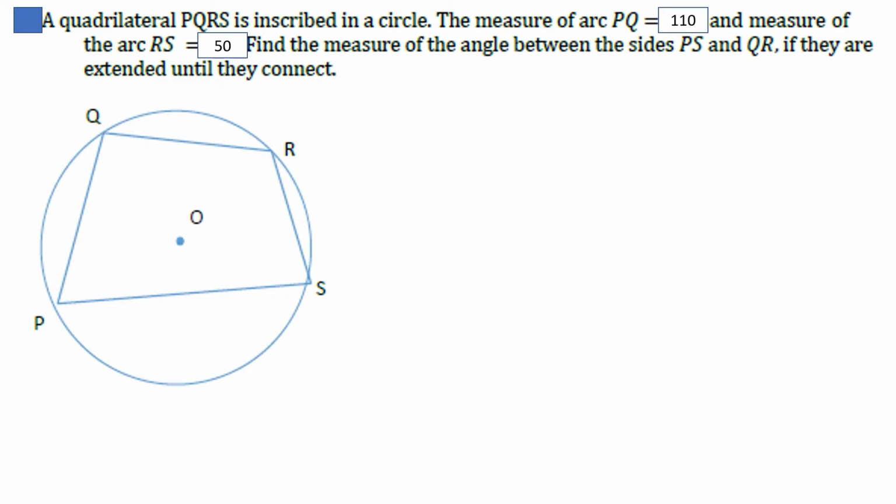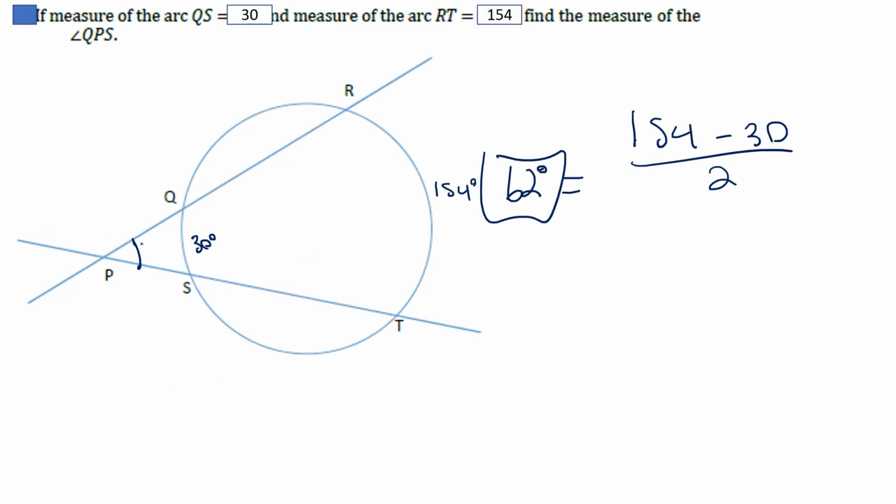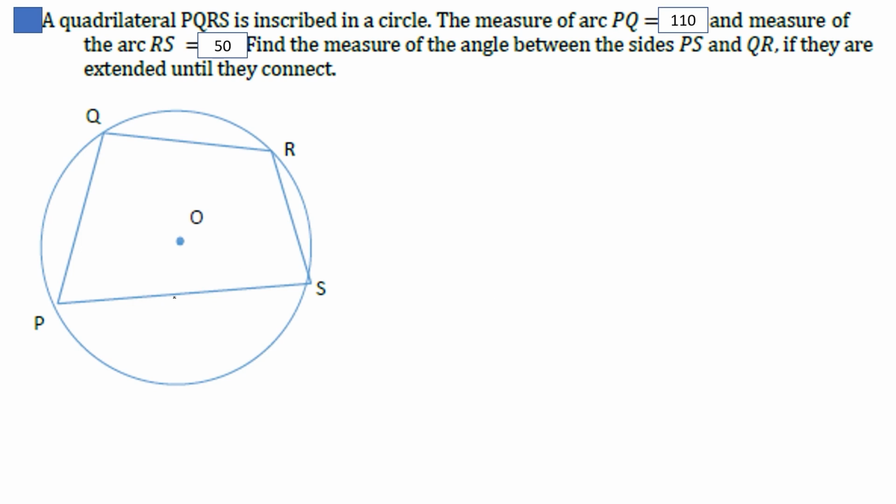I think I included one more, just so you can see how secants are not always given to you pretty like this. Sometimes they're implied. So if we look, a quadrilateral PQRS is inscribed in a circle. The measure of arc PQ, so this here, is 110, and the measure of the arc RS is 50.